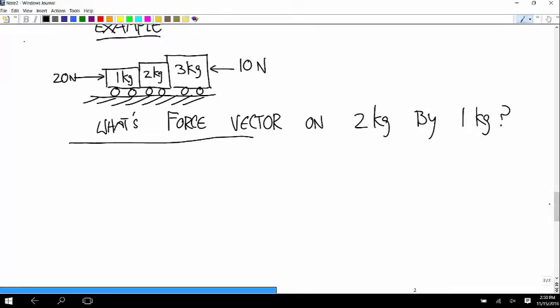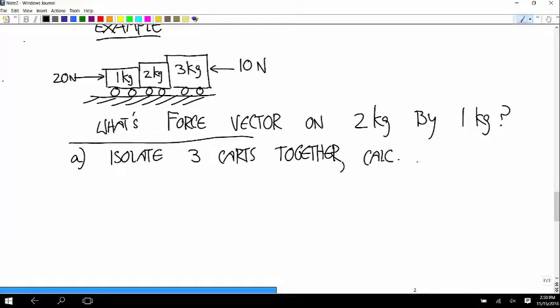So first, we're going to isolate the three carts together and calculate the acceleration vector.